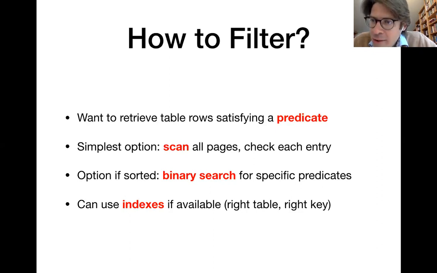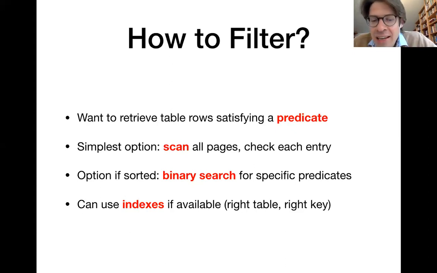I can use binary search in order to quickly identify the page on disk where the first entries for the course I'm looking for are located. So that is often already more efficient.